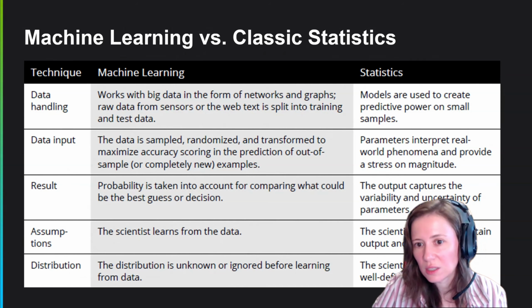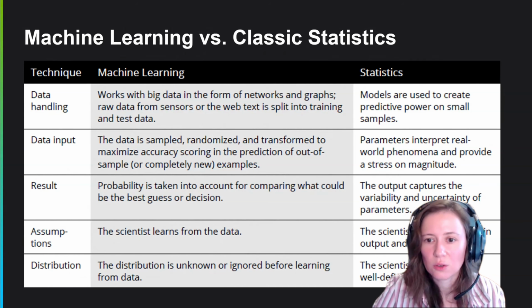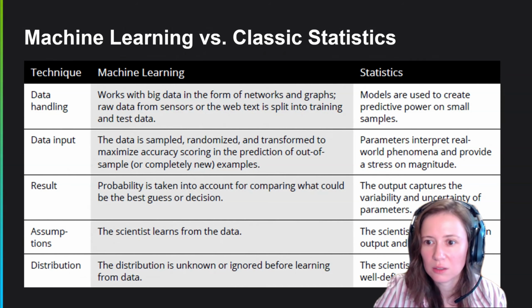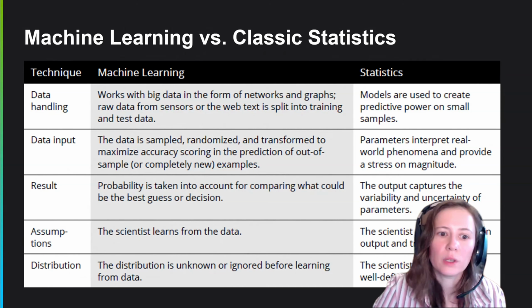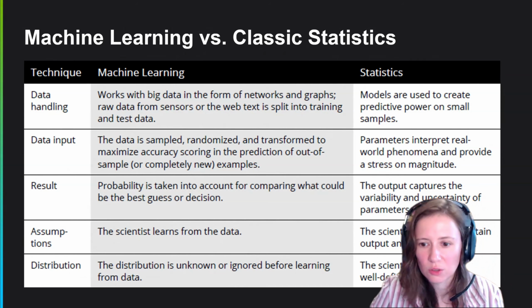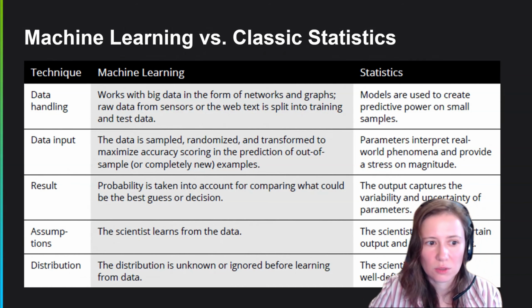The traditional statistics is slightly different. It starts with a set of rules and parameters that are predefined, describing how a certain phenomenon or biological system works. And then we apply those parameters to see if the data fit to those parameters. So they go in opposite ways, pretty much.